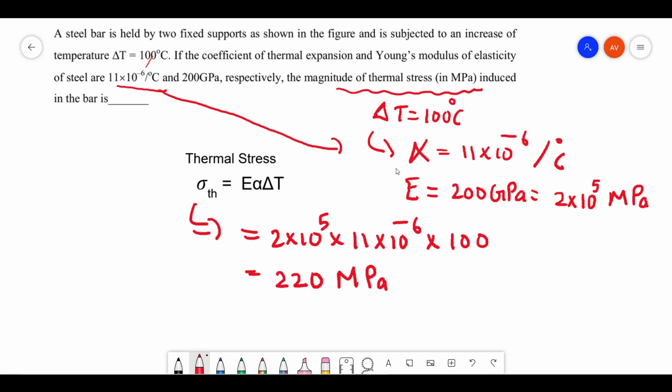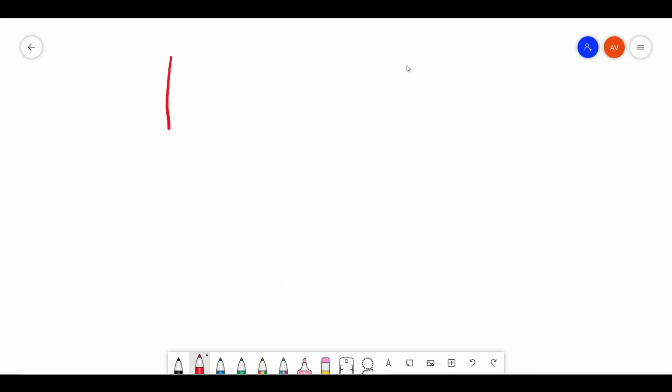Let's see how we can modify this problem a little bit to make it more tricky. You are given a bar like this, which is fixed at both ends.